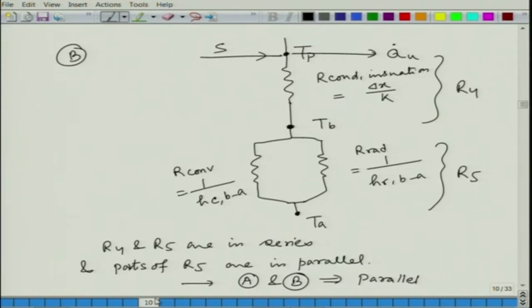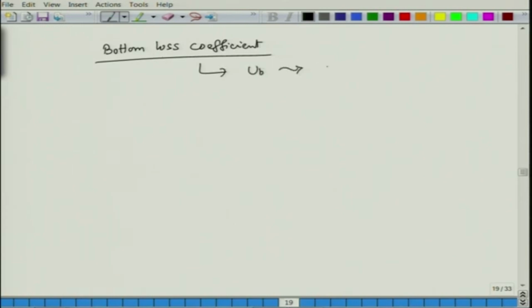One is conduction, that is going through the insulation at the bottom, and then from the base temperature Tb, the typical convection and radiation loss to the ambient. Okay. So, two parts.